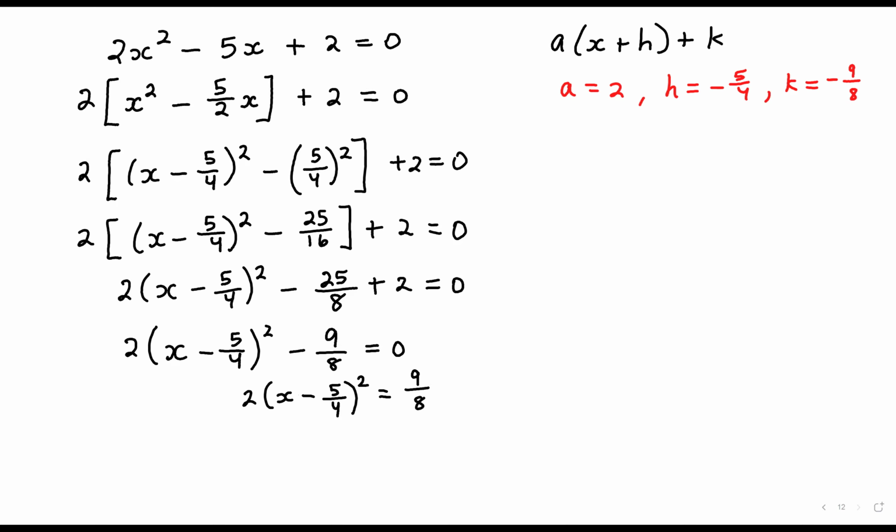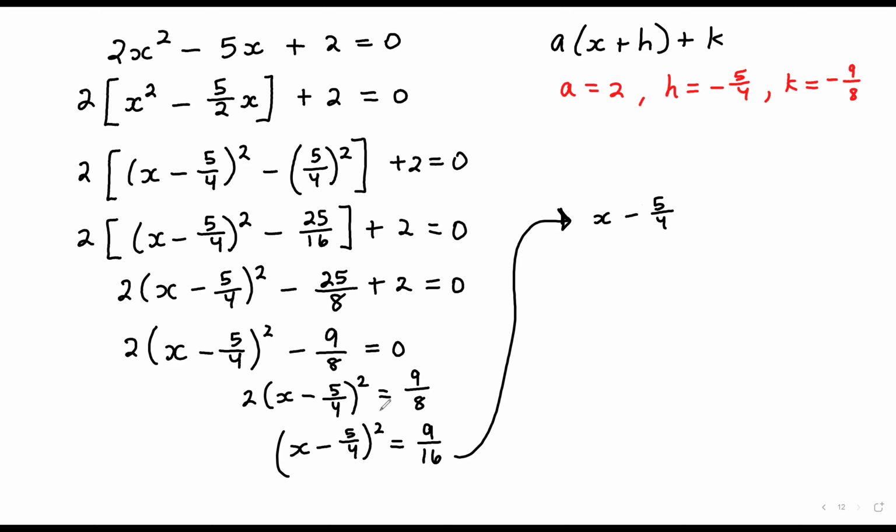To get rid of the 2, I will divide both sides by 2, which will end up being x minus 5 over 4 all squared. 9 over 8 divided by 2 will be 9 over 16. All right, I'm taking this up here now. So then this would be x minus 5 over 4.